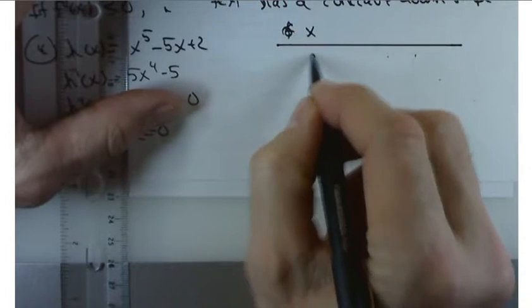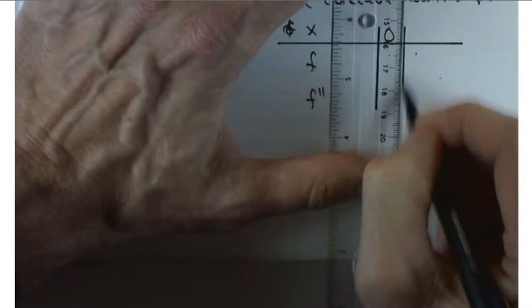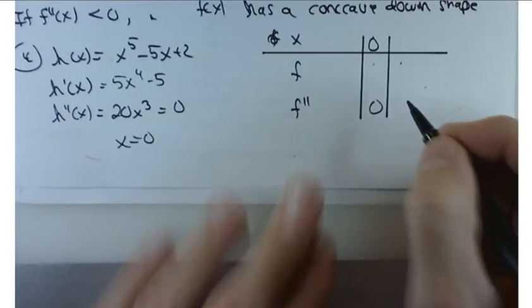Let's just keep track of a few things here. So you've got x, f double prime, and then we'll put our point here at 0. Now at 0, the second derivative is 0.